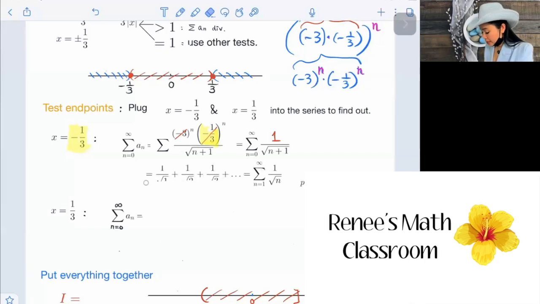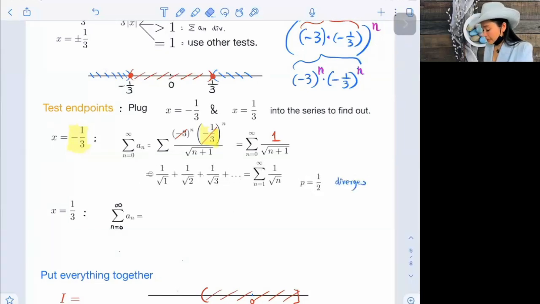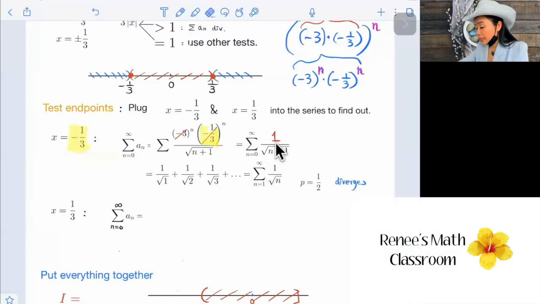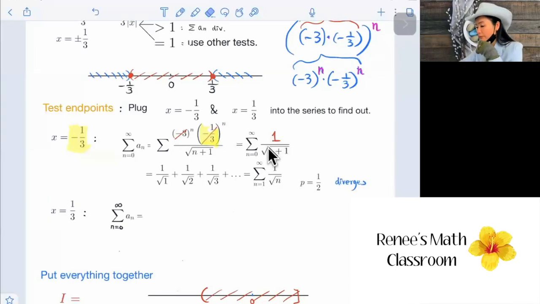But if I write it the long way, I substitute the index in it. N equal to 0, I get 1 over square root of 1. N equal to 1 is 1 over square root of 2, etc. So this one here is equal to this. Do you agree? You actually can do a shift of index.